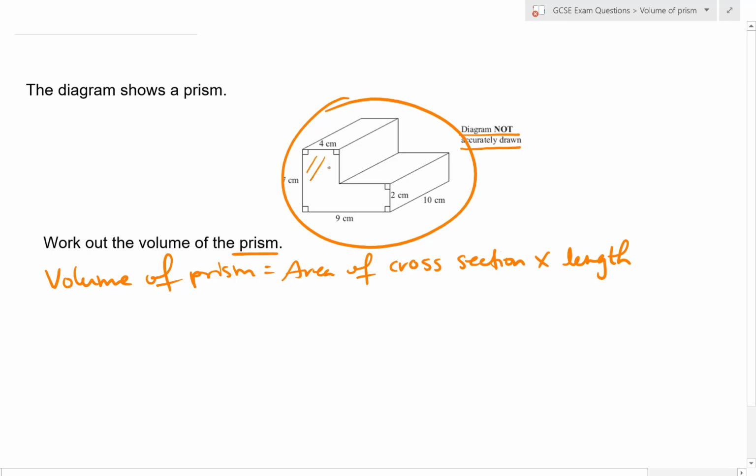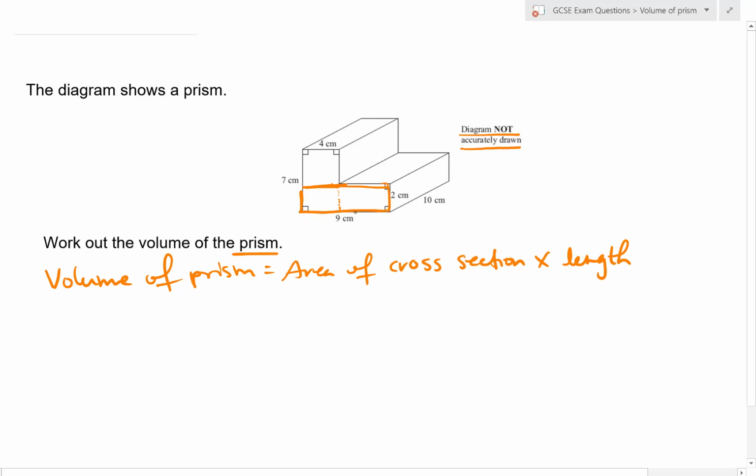This is the area of the cross section, so we need to find the area of this compound shape first. Since it is a compound shape, let's split the shape into parts. You can do it this way or this way, whichever you prefer. I'll split it this way. So I've got a nice rectangle here.